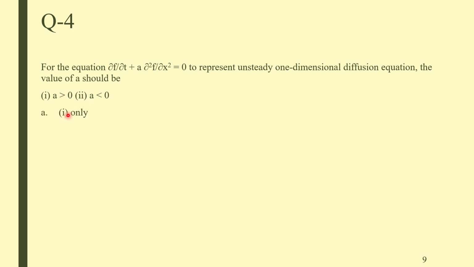Option A is 1 only, option B is 2 only, option C is both 1 and 2, option D is A should be an integer. The right choice is A less than 0, because in the equation dou f by dou t is equal to A times dou square f by dou x square, A is positive. If it is on this side, A should be negative, obviously. So the answer is option B, 2 only.